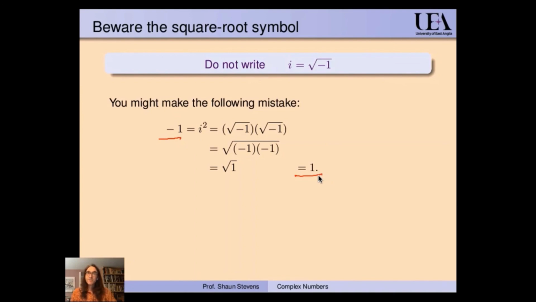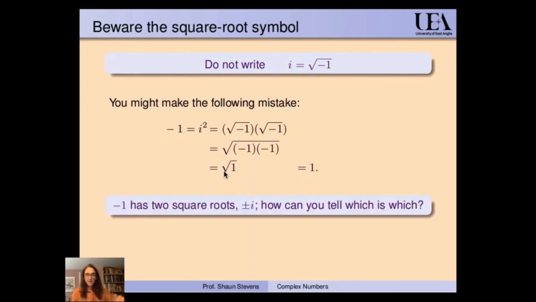Okay. Of course, that doesn't work. And the reason it doesn't work is because of ambiguity in the square root symbol. So when we have the square root of a positive number, we always mean the positive square root. But when you have a negative number and you look at its square root, which one do we mean? Minus 1 has two square roots, plus or minus i.